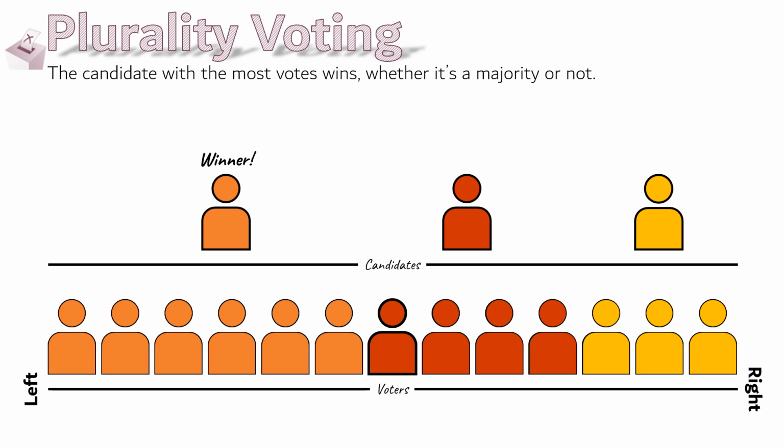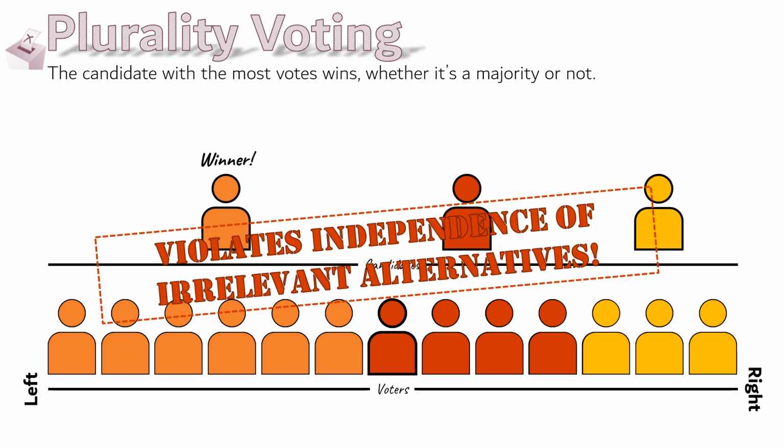We added yellow, and society's preference changed from red to orange. This violates the independence of irrelevant alternatives. The yellow party candidate doesn't win in any version of this election, but their inclusion does change the outcome. Many believe this happened in the 2000 election, where third-party candidate Ralph Nader is thought to have flipped the outcome of the presidential election in Florida from Al Gore to George W. Bush, and with Florida went the presidency.